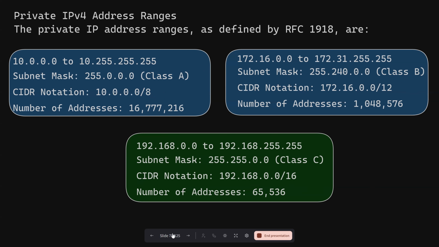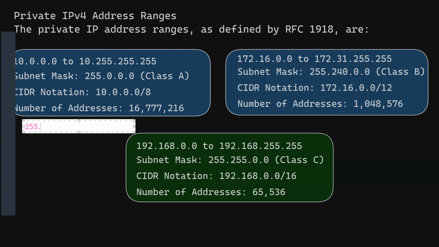/8 means the subnet mask, the CIDR value, will be 255.0.0.0. So the class A subnet mask will be 255.0.0.0, right?